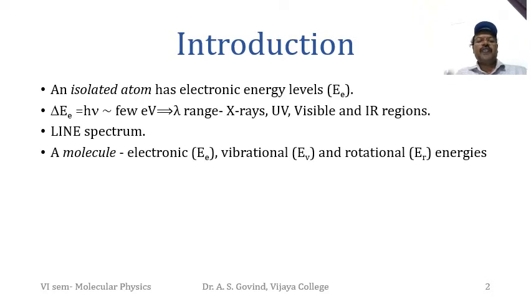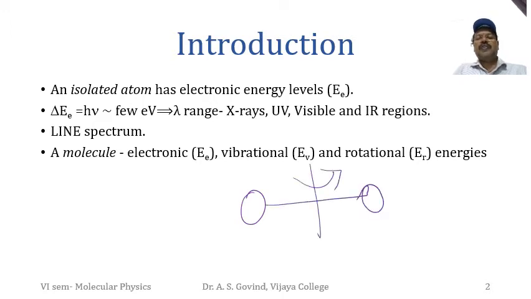But in case of a molecule, so if you imagine a diatomic molecule, it can rotate about the line joining the two atoms, and it also has electrons around each atom.